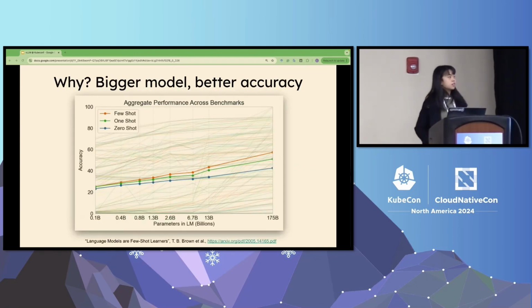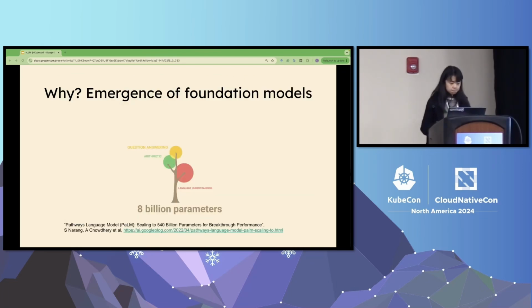So why do the generative AI models get bigger and bigger? The reason is that as we increase the number of parameters, those models also tend to demonstrate better accuracy. So larger models are generally more capable of understanding complex language patterns, which improves their effectiveness across a wider range of tasks.